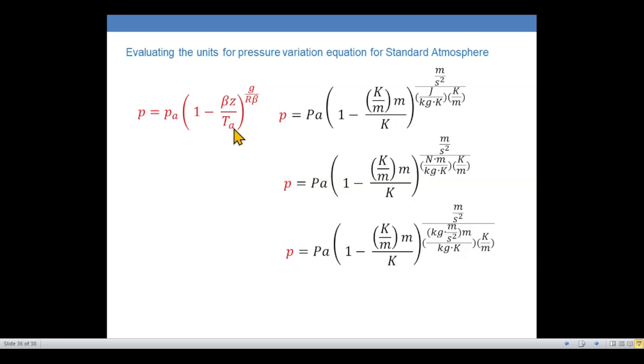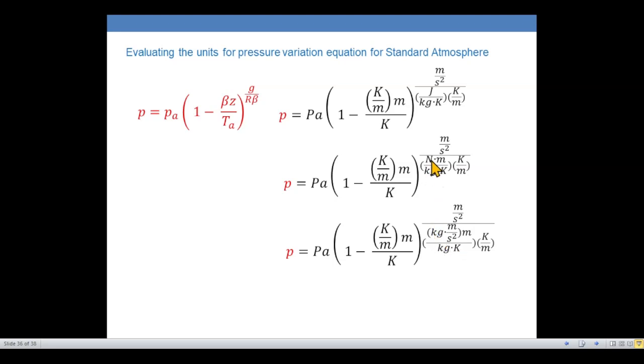The gravity, we understand, is meter per second squared, and the gas constant is expressed in joules per kilogram times Kelvin. Take note, there is joules here. Now, 1 joule is equal to Newton times meter, and if it is Newton, it is kilogram times meter per second squared. So this will become kilogram times meter per second squared times meter.